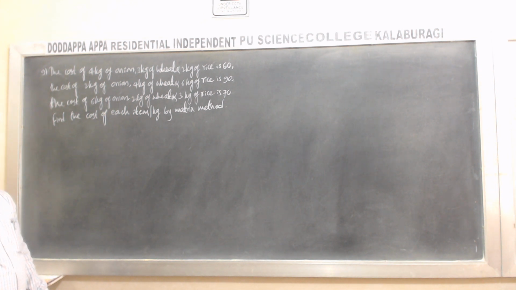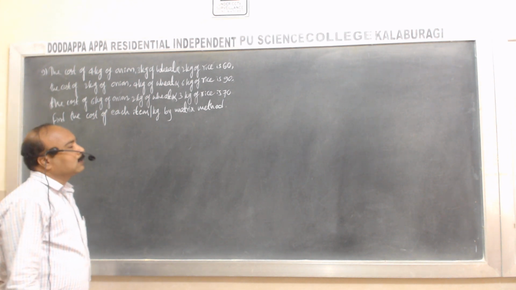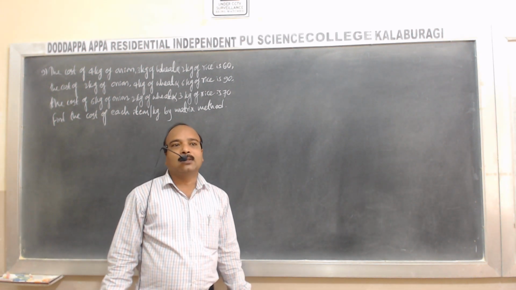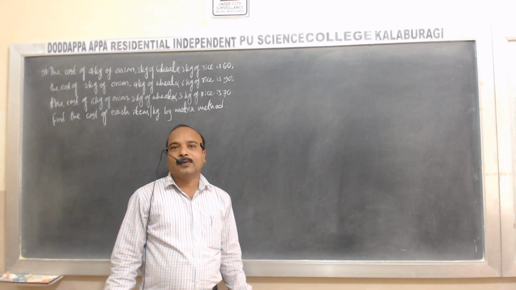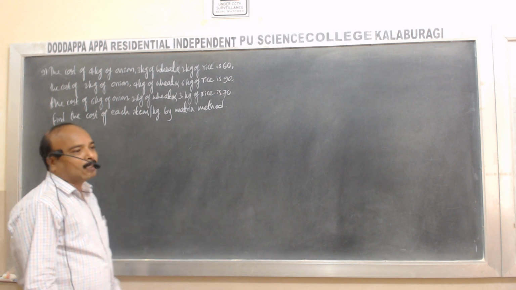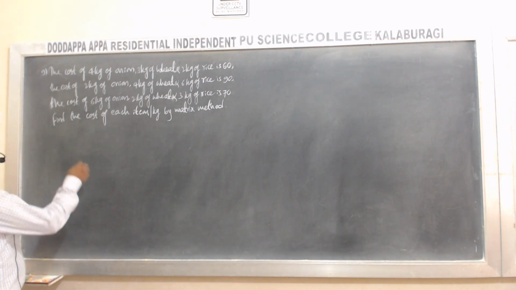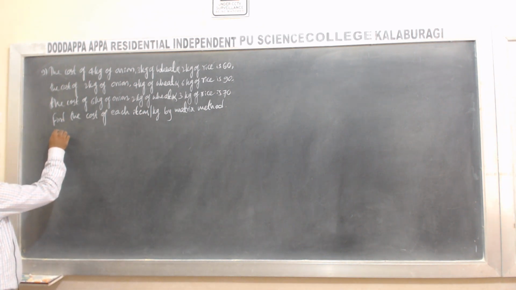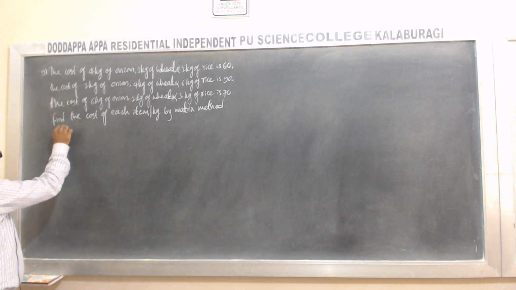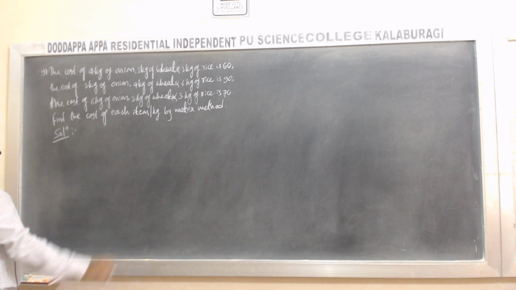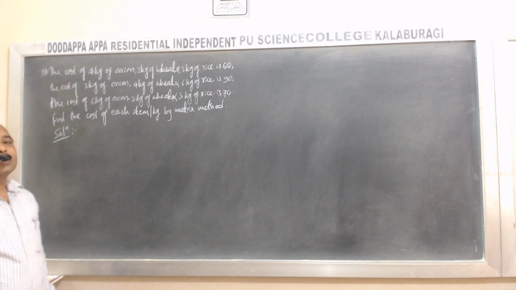Now we convert these conditions into linear equations. After that we go for the matrix method. First we convert this word problem into a system of linear equations. Solution: it is given that there are 3 quantities, that is onion, wheat and rice.